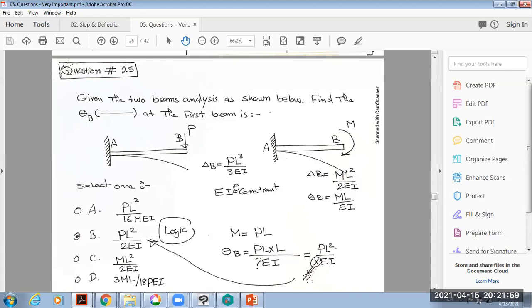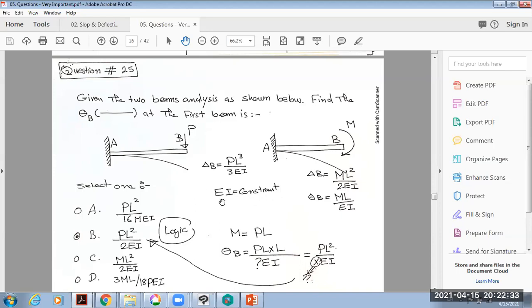If you remember the values I gave you a few minutes back, the slope equals ML divided by EI, remember? And the deflection is equal to ML square divided by 2EI. Coming here for beam number 1, the deflection is W L cube divided by 3EI. Very good.